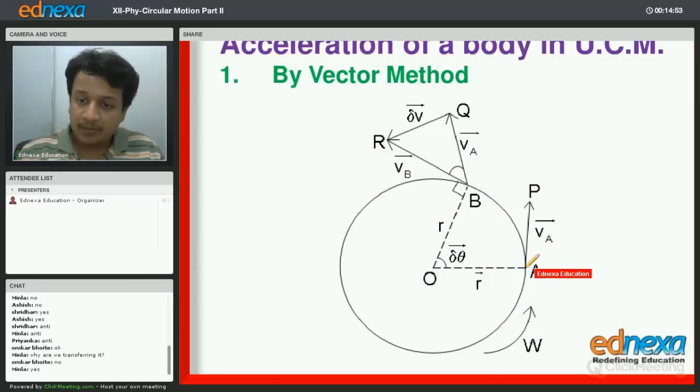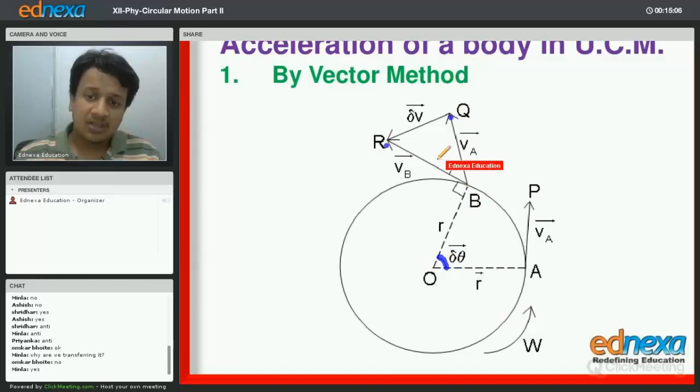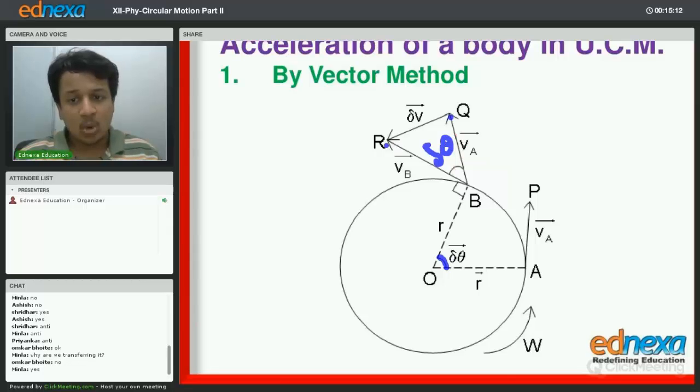Now I want to discuss one more thing. See, when angle AOB is delta theta, angle QBR is also delta theta. Angle AOB is delta theta, QBR is also delta theta.